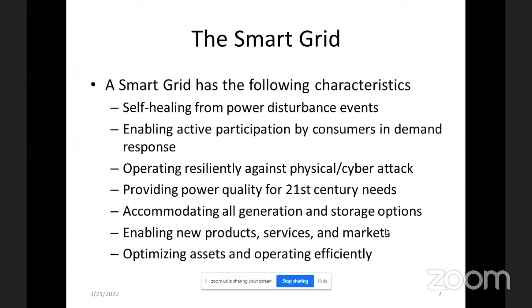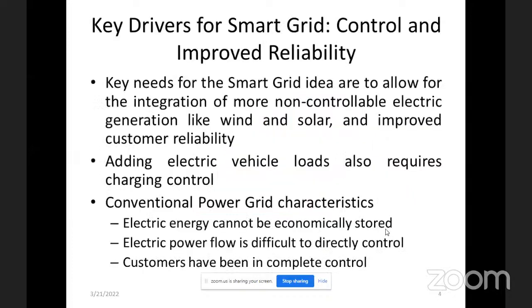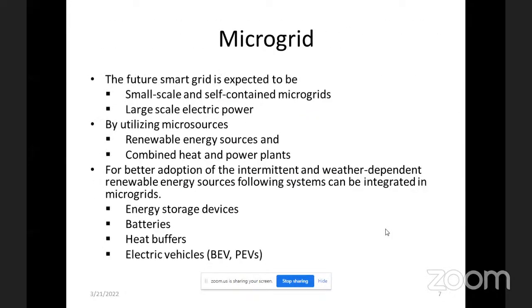We are utilizing one technique called the microgrid. Microgrid, as the name indicates, is a small grid in which generation, distribution, and some loads are there. They generate electricity and then supply it to the load.